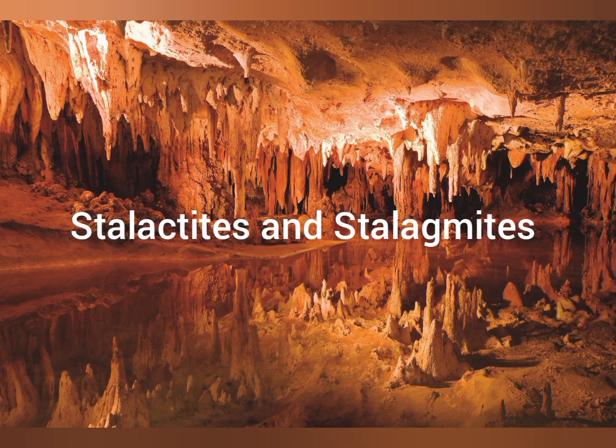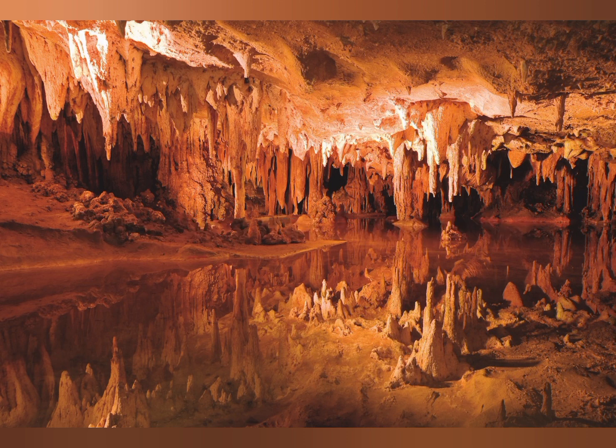Now let's talk about stalactites and stalagmites, which are also important features of these underground caverns and caves. Sometimes what happens is that there's a leakage and water seeps in from the roof of the cavern or the cave, and this basically saturates with limestone.